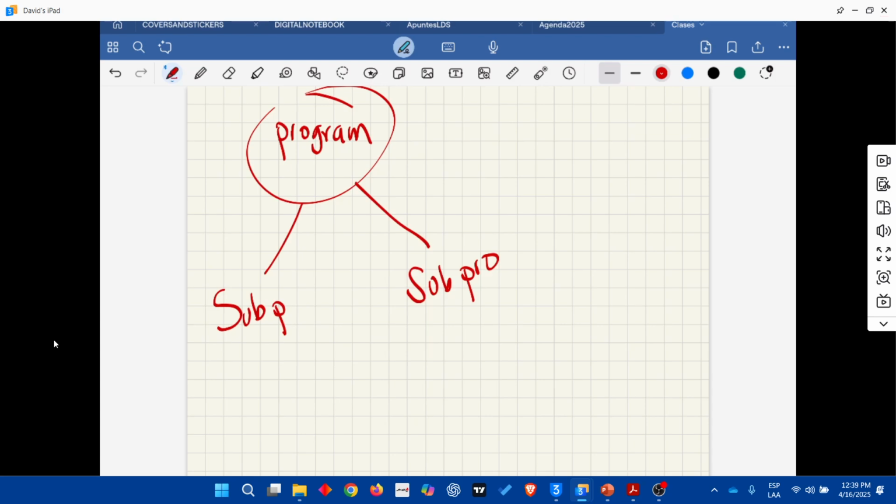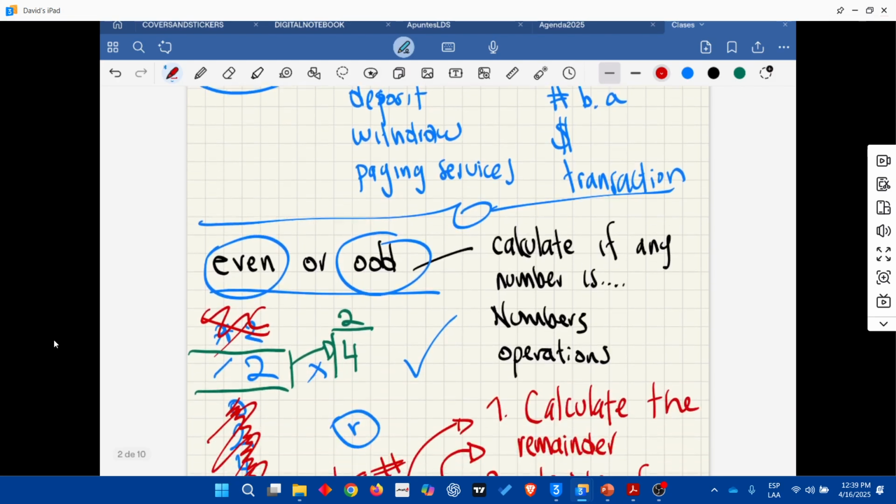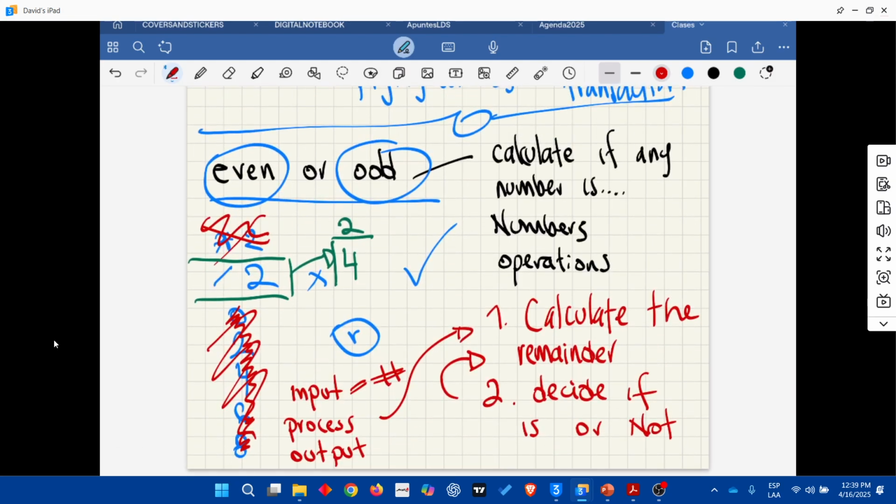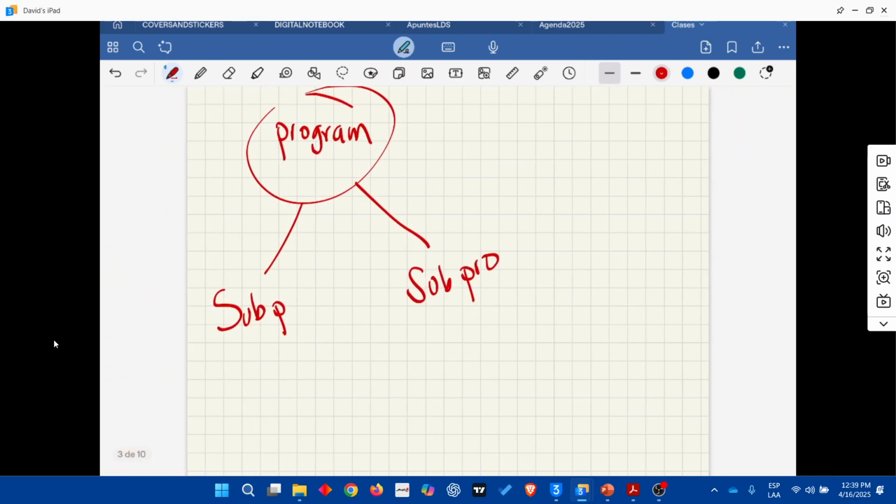Okay? And this is what I explained here. We are going to divide this process of calculating if a number is even or not in two. The first one is going to calculate the remainder, and the other one is going to decide if the number is an even or odd number.